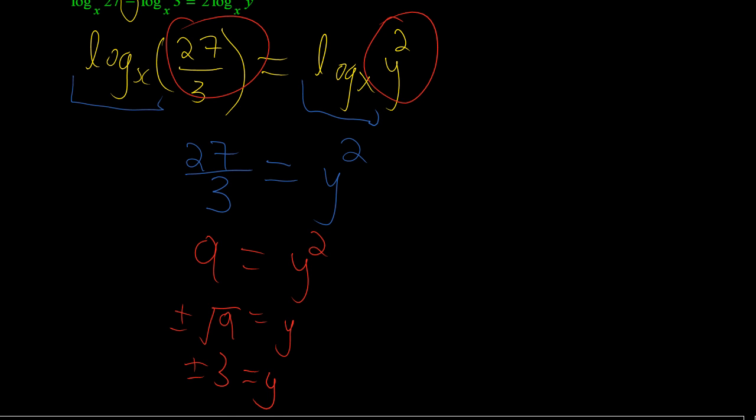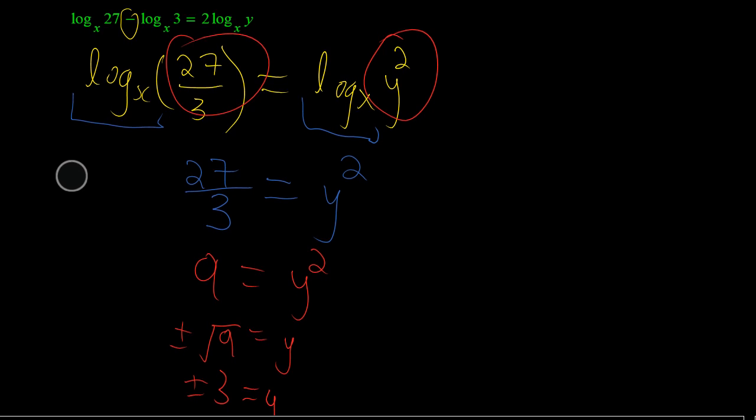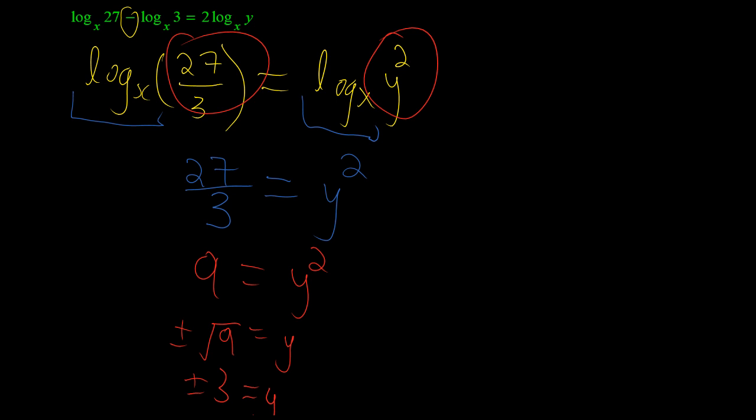So this is a very dangerous equation simply because we want to make sure both solutions work. And when we substitute in the negative 3 for y, well, there's nowhere on the left side to substitute in. But let's just look at the right-hand side.